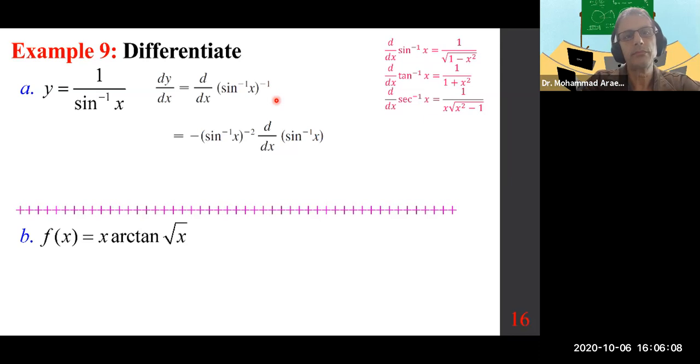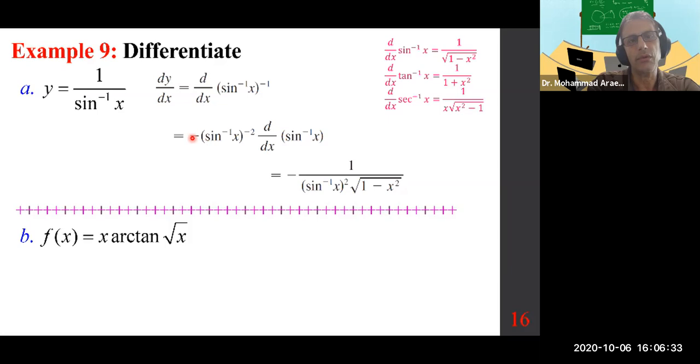So negative 1 sits in front, this one takes the exponent of -2, and then you differentiate this and put it next to it. And by the way, this one with the exponent -2 can go down and becomes +2. And don't forget the negative sign is not going to go anywhere. It's going to persist. I hope everybody's comfortable with that.